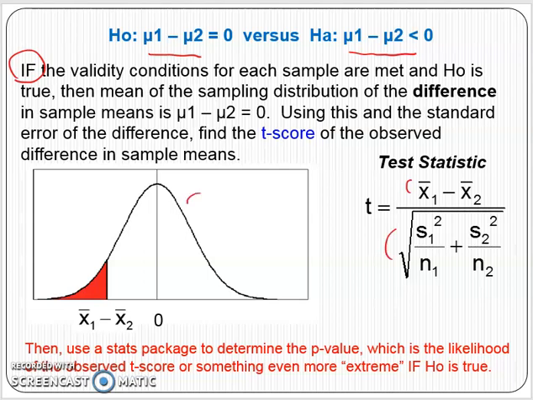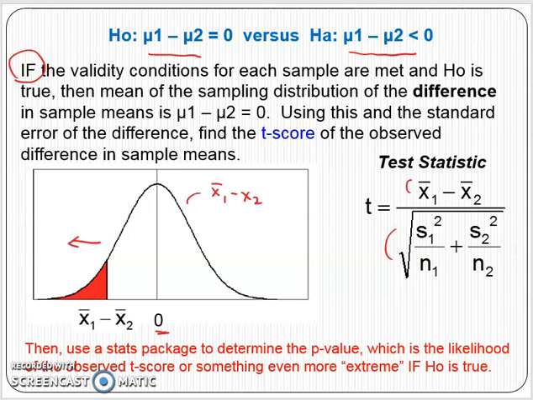This is a t-curve for the difference in the sample means, x1 bar minus x2 bar. If the null hypothesis is true, those should be about 0. Again, we're looking for evidence that mu1 minus mu2, the difference, is less than 0. So this is going to be a left-tailed test.